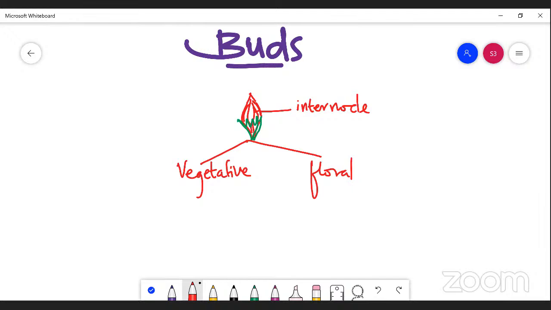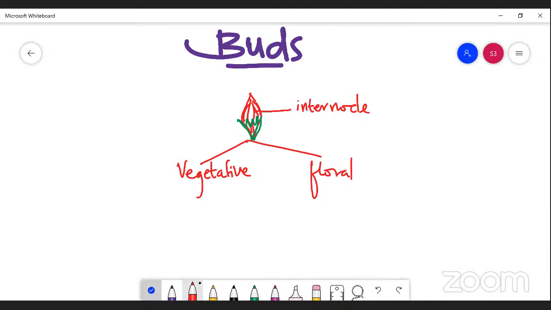Those buds that are responsible for the formation of flower or inflorescence are called floral buds. Right? This is based on nature. In plants, buds are divided into two types, vegetative and floral buds.